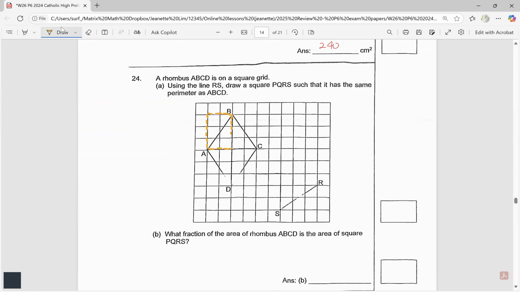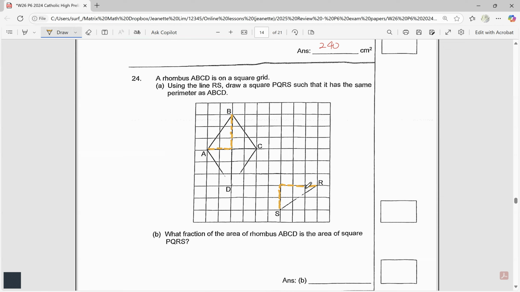It is a line that cuts through 6 squares, like a 3 by 2 rectangle made out of 6 squares. So same for SR. It cuts across 3 and down 2. For AB, across 3 and down 2. For this one, it is down 3 and across 2. So since they cut across the same way, the length of SR and AB is the same.